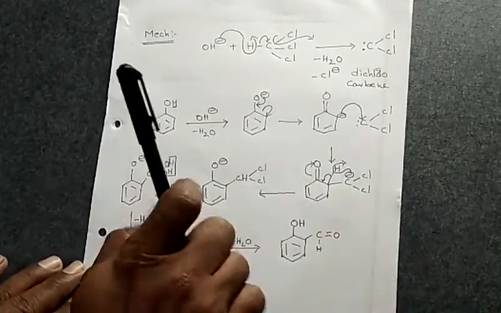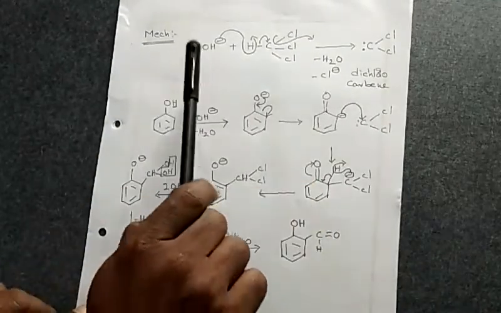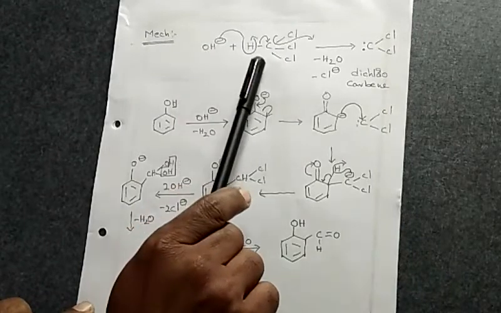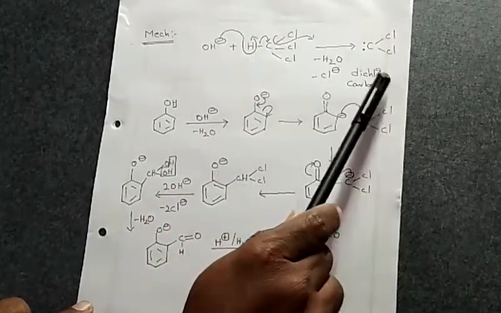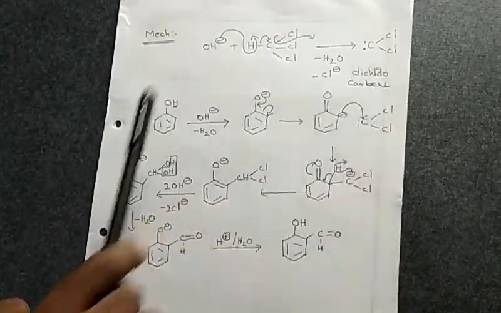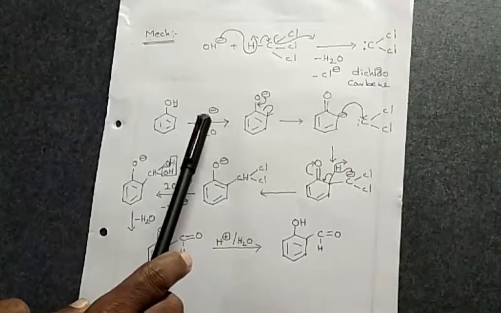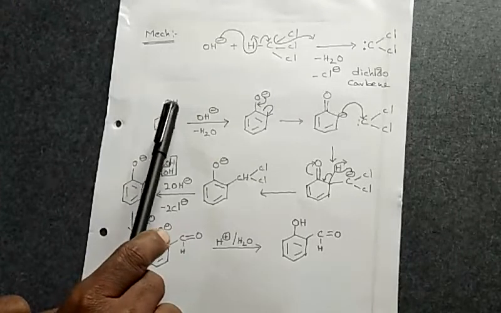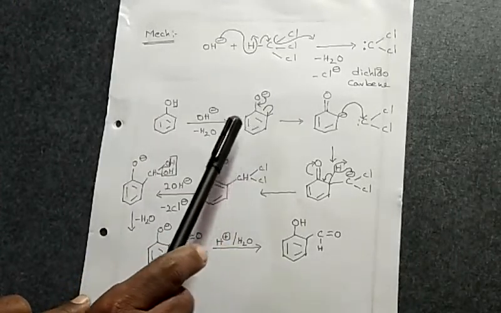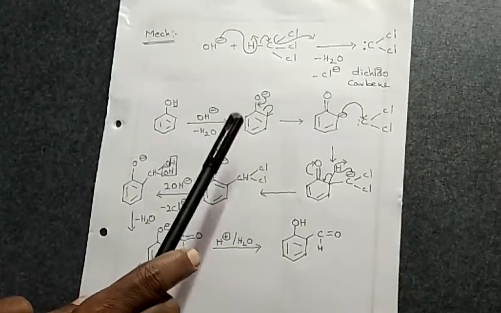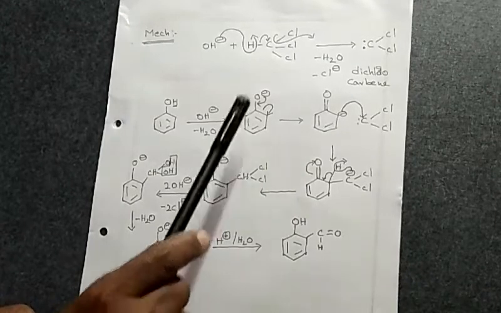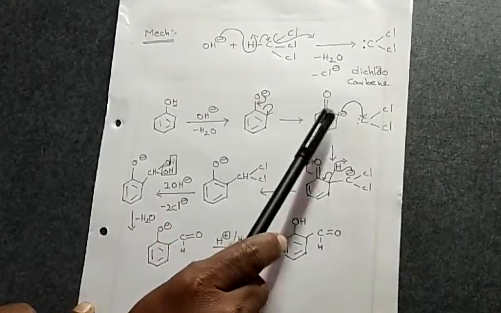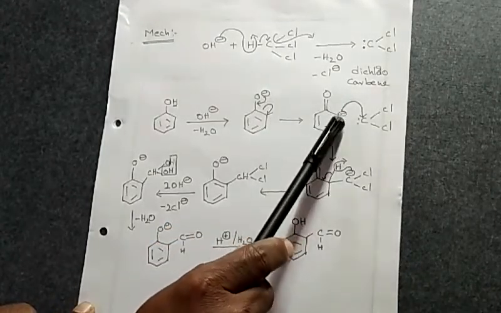So this is the entire mechanism of this Reimer-Tiemann reaction. Very simple mechanism. Please observe. The base attacks the chloroform, right? A dichlorocarbene is formed. Next, phenol is treated with the base. Being an acidic molecule, it loses the H plus ion, converts to phenoxide ion. This phenoxide ion is extra stable because of resonance, and it shows the resonance phenomenon and acquires the negative charge on the carbon.